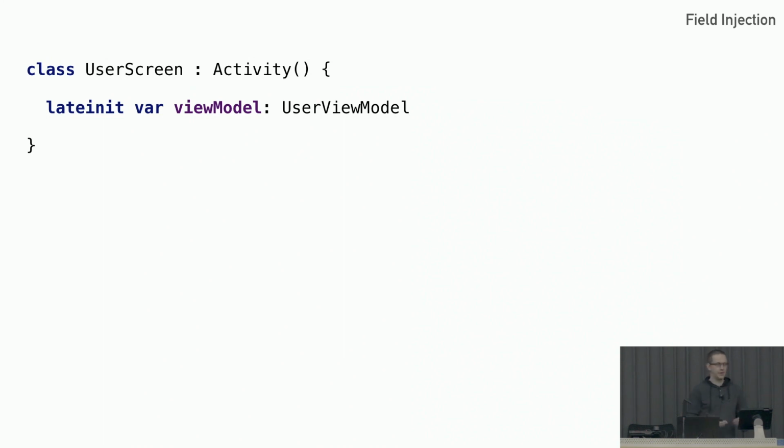So in Android, sorry for the non-Android folks, we have some core classes which we don't actually have control over the constructors on. Right? That would be services and fragments and activities typically.